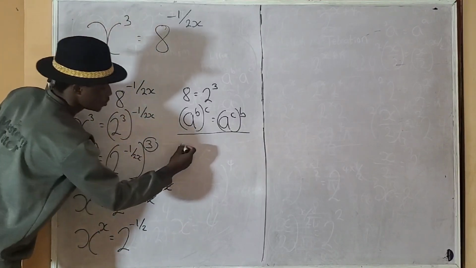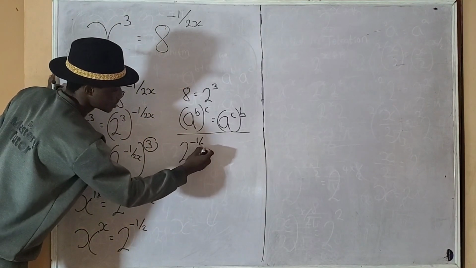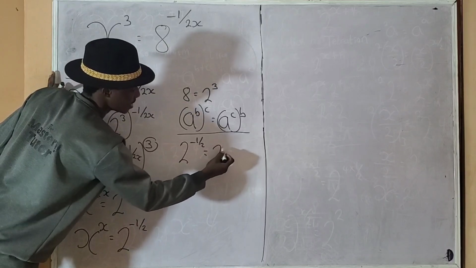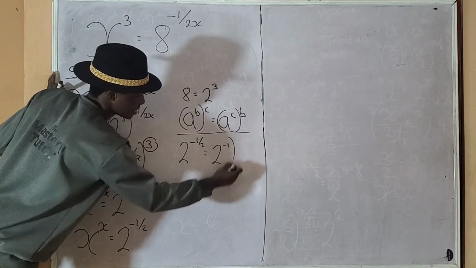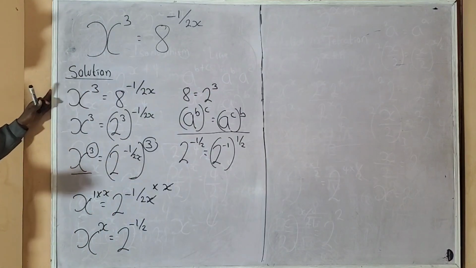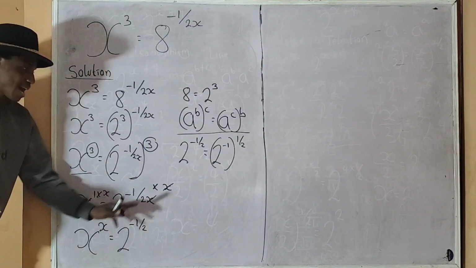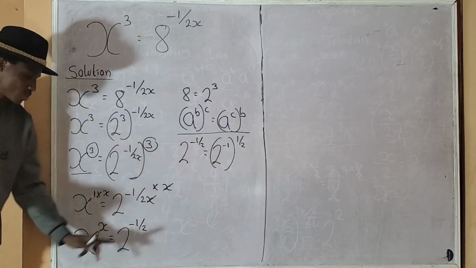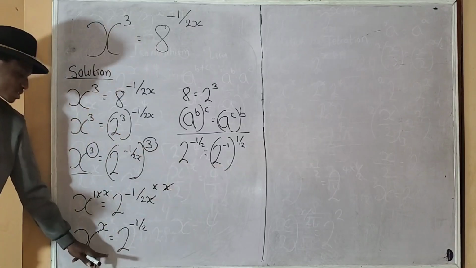Now, do not forget that 2 raised to the power of negative 1 over 2 can be written as 2 raised to the power of negative 1 multiplied by 1 over 2. Do you know? So I'm going to replace 2 raised to the power of negative 1 over 2 with this in the equation.